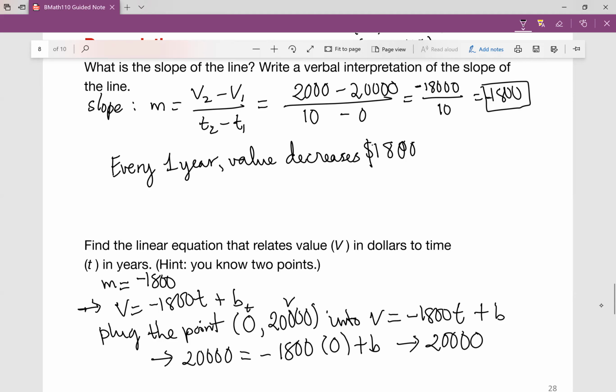So 20,000 equal to B, and that will give me the linear equation of V: negative 1,800 T plus 20,000.